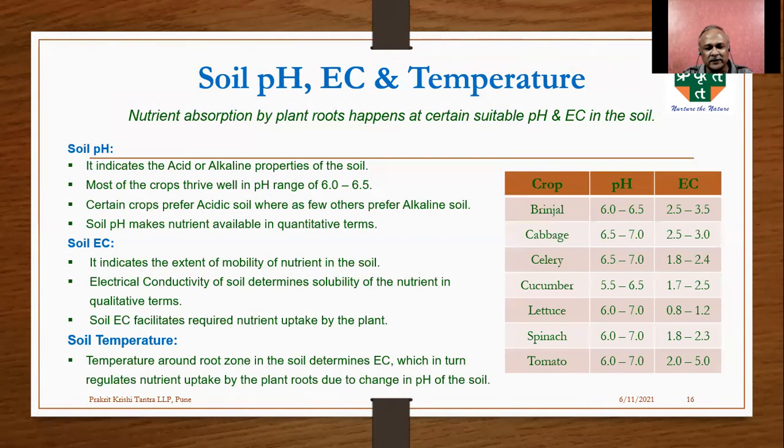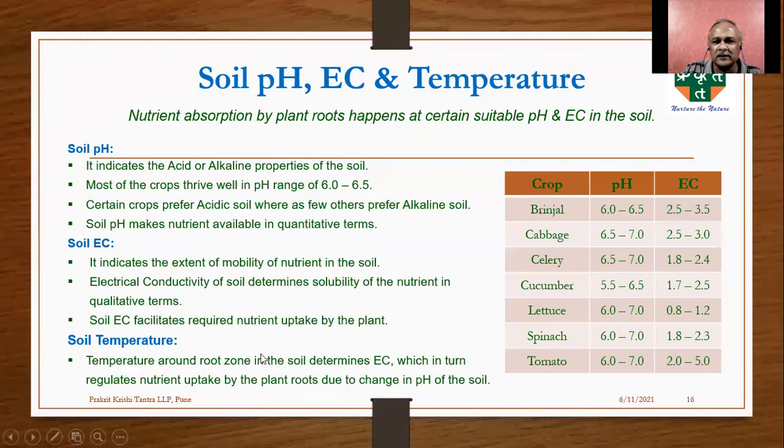If temperature is higher, it will be moving upwards. If temperature is lower, it will be moving downwards because of the air movement inside the soil. So it regulates the EC. If temperature is higher, the soil will be drier, so pH will be disturbed. Also, EC will be disturbed. So a perfect balance of this is required.